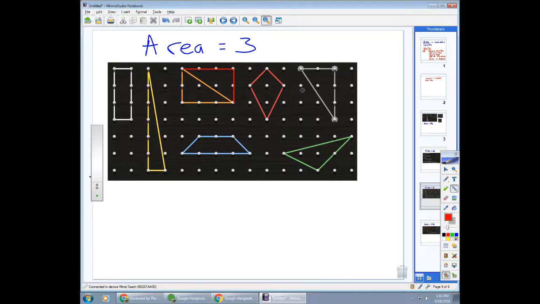Okay, the kite. Let's check out the kite. All right, let's switch colors. For the kite, I'm going to do this by breaking it up internally. I'm going to cut it right there, and I'm going to cut it across right here. So I could flip this triangle over on top of that one, or right next to that one over here, and I would get an area of 1 right here.